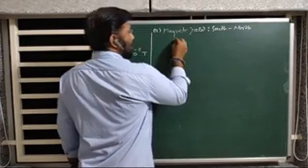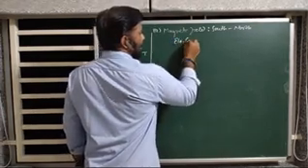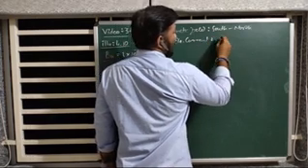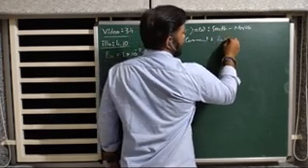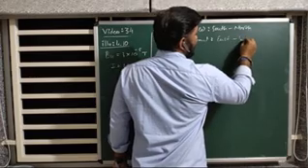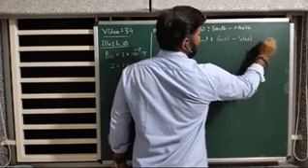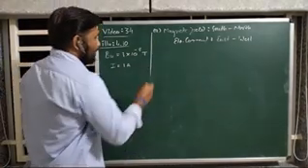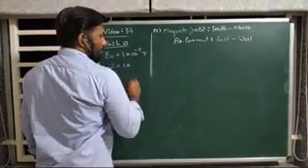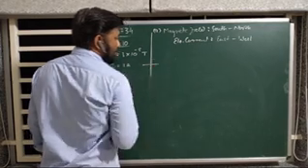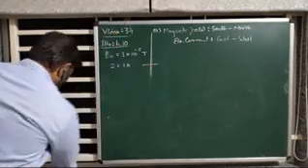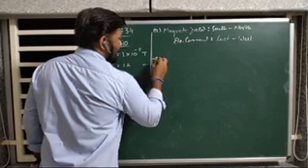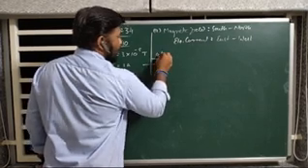And the electric current is along east to west. So north-south like this, and east-west like this, so we will have an angle here. What is the angle? It is nothing but 90 degree.